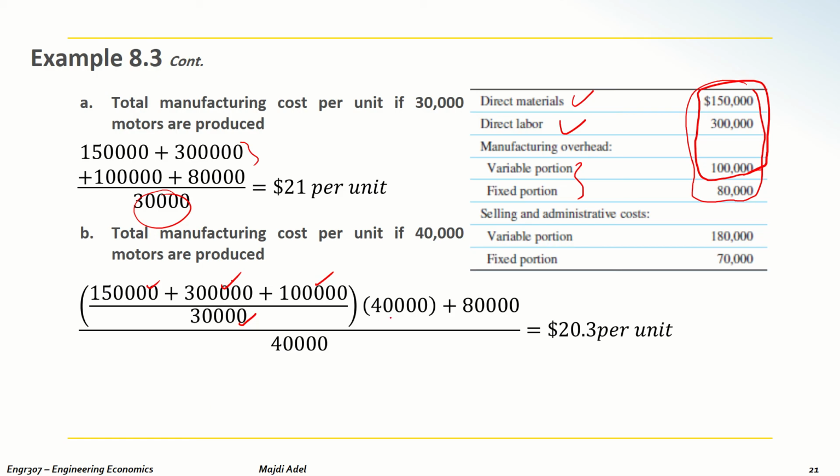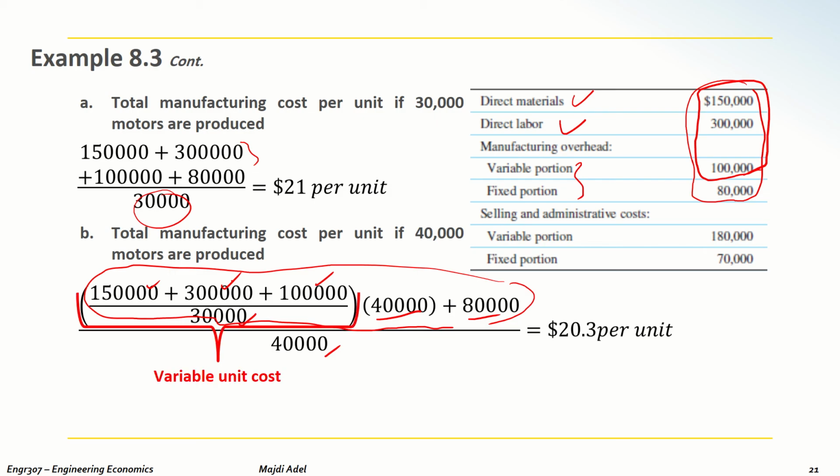If I multiply it by 40,000, this is the total variable cost for producing 40,000 units, plus 80,000, which is the fixed cost. So this is the total cost for producing 40,000 units. If I divide it by 40,000 units, I will get 20.3.